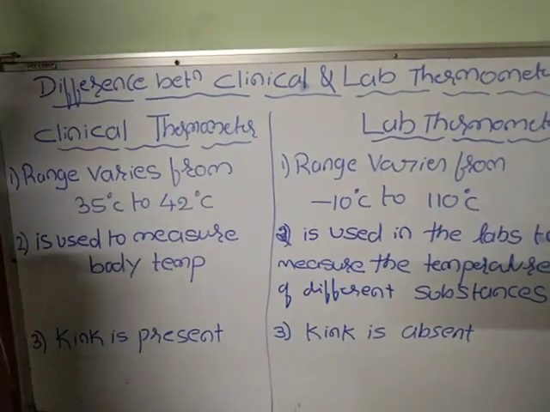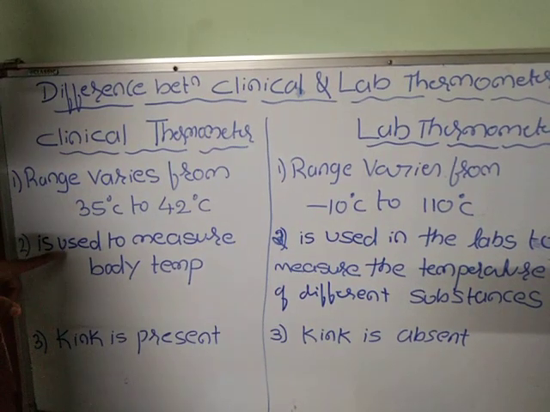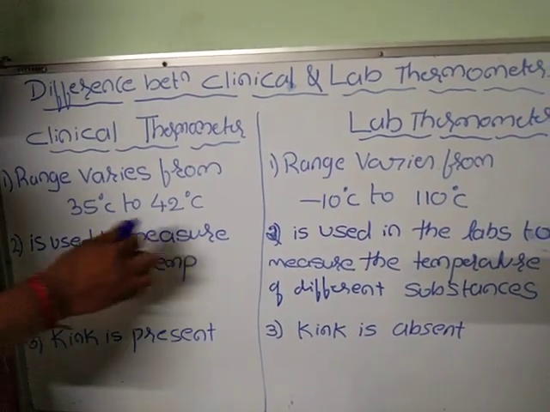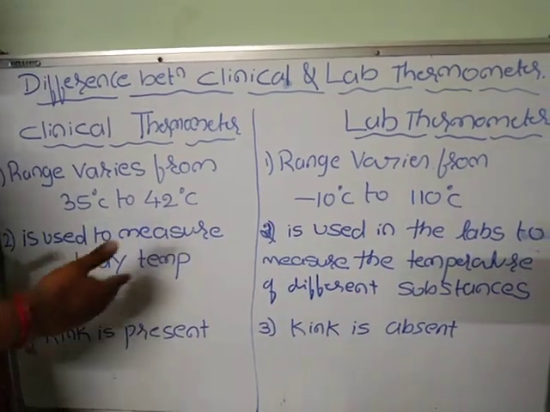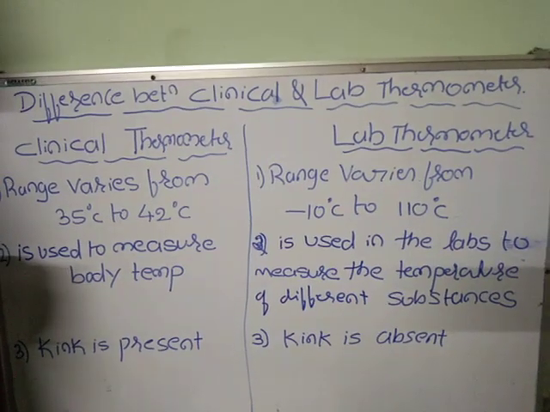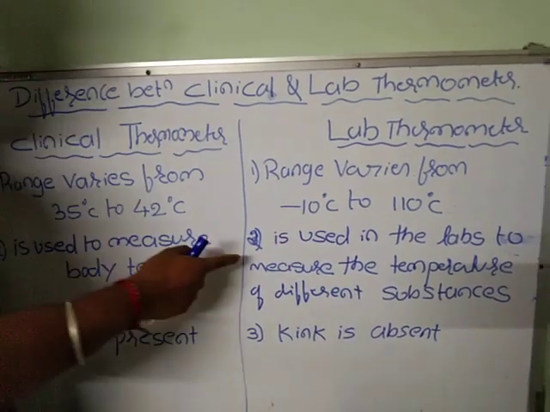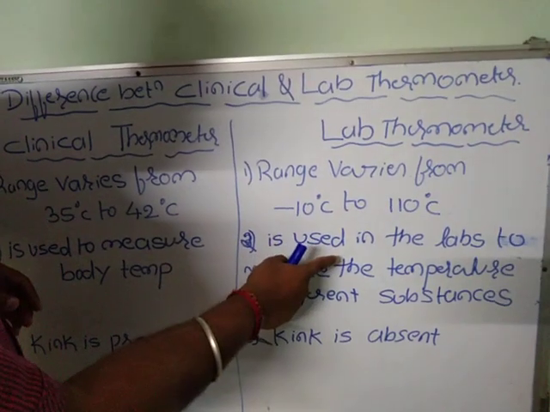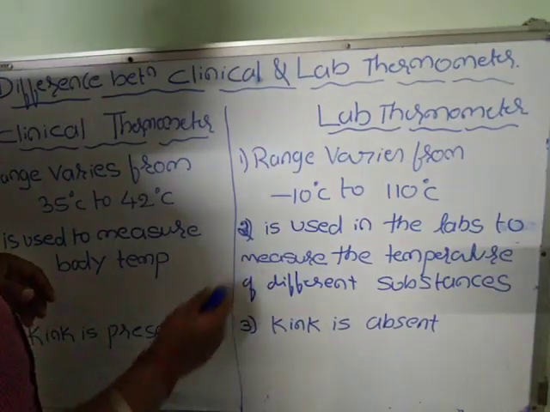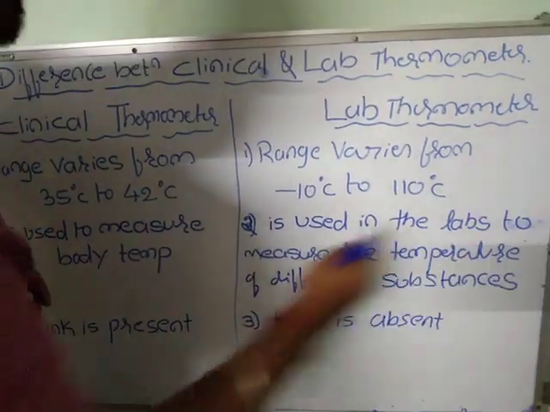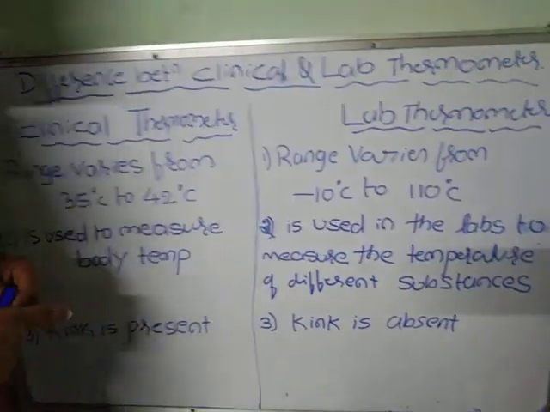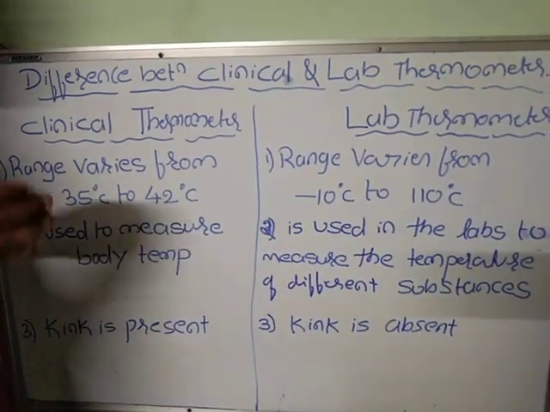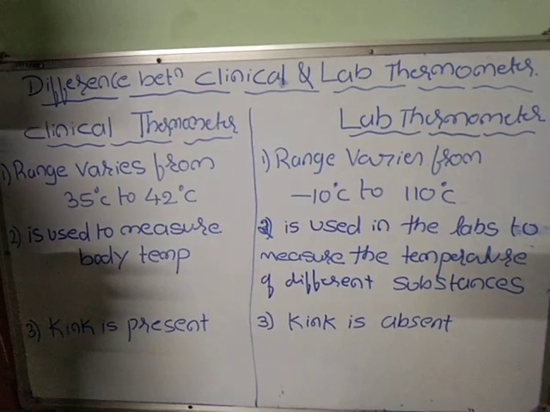Second point. Clinical thermometer is used to measure body temperature, either of human beings or animals. But laboratory thermometer is used in the labs to measure the temperature of different substances. We have different substances in the laboratory.